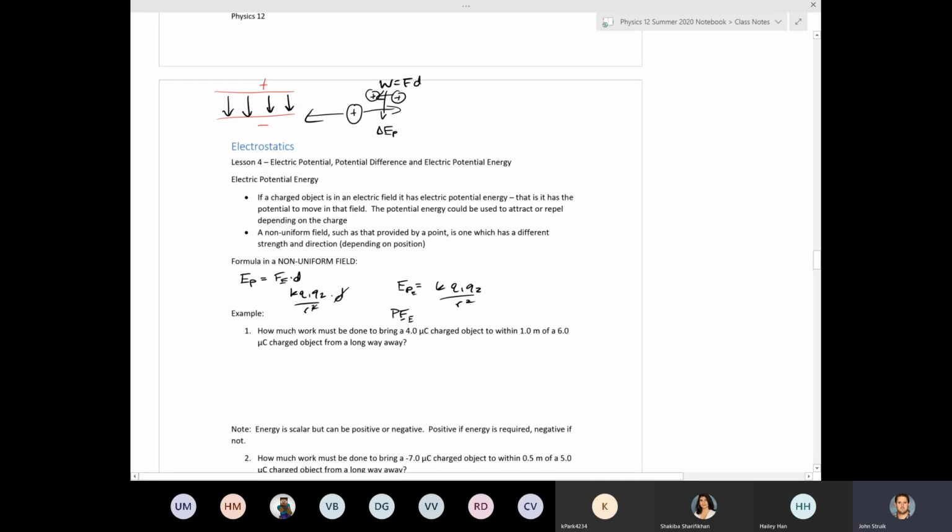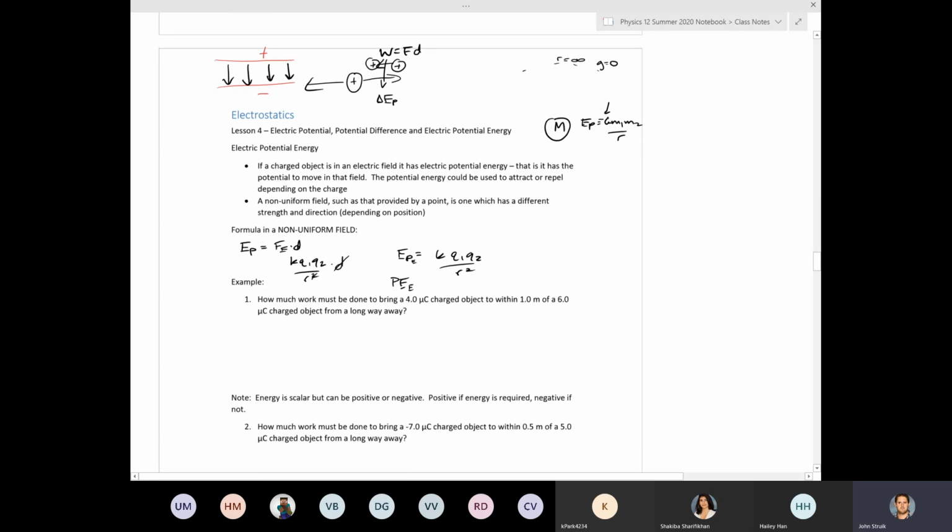So for mass, the EP was negative G M1 M2 over R. This negative referred to the fact that we are relating it to R equals infinity, where G equals 0.